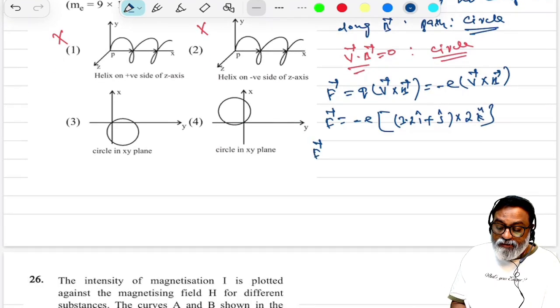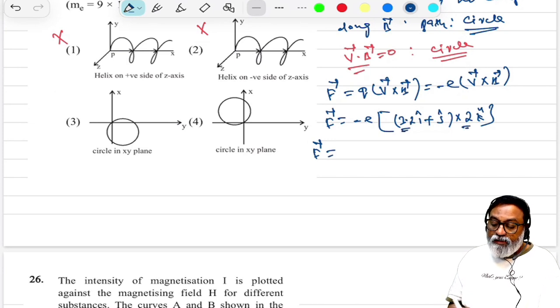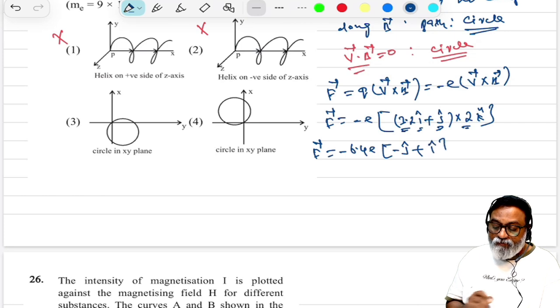Therefore F bar is equal to, here 3.2 into 2, that is 6.4, minus 6.4 e, then i cap cross k cap is equal to minus j cap, plus j cap cross k cap is i cap.